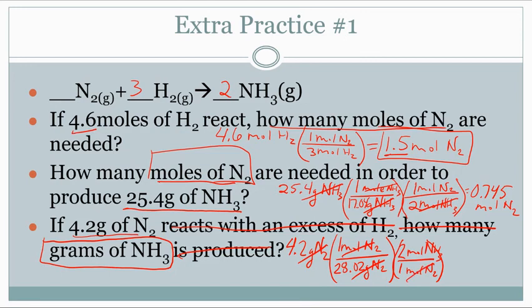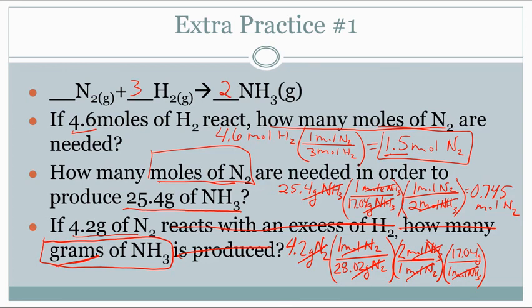Moles of N2 cancel. But I'm not where I want to end because I want to end at grams. So I'm going to multiply by my molar mass. 1 mole of NH3 is going to have a mass of 17.04 grams of NH3. Moles NH3 cancel, and I'm going to multiply all of that out.